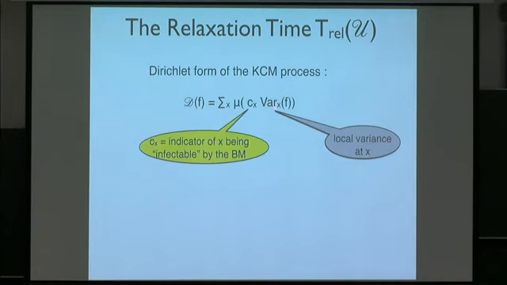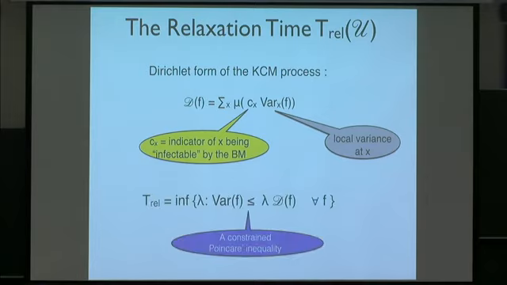Local means with respect to the Boolean variable at x only, having frozen all the rest. However, this is multiplied by the indicator c sub x that the vertex is infectable by the bootstrap map, which means that this vertex can actually move under the KCM dynamical rule.